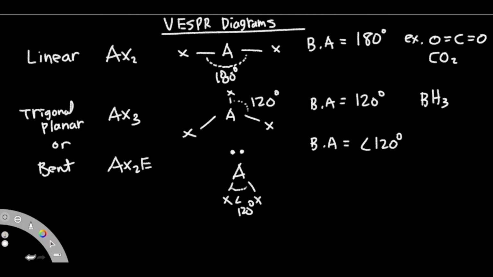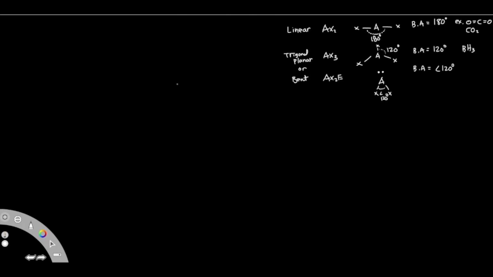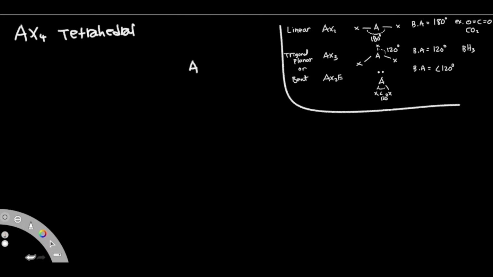Next, let's look at AX4. So by now, you should have already realized the pattern. The pattern goes up by ones, right? So AX4 has subcategories as well. Let's just look at the main one. The main one in here, the AX4, is called tetrahedral. Tetrahedral, we have an A in the middle here, and we should be already familiar with the X's by now.